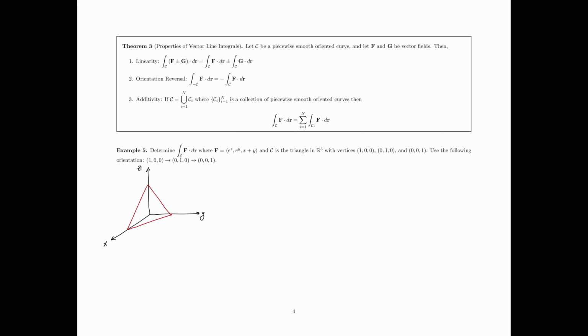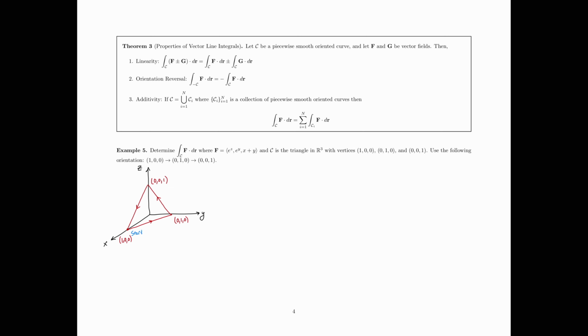There we go. So we've got 1, 0, 0, 0, 1, 0, and 0, 0, 1. And we're going to go ahead and orient it this way. So I'll just mark in blue that we're going to start here.